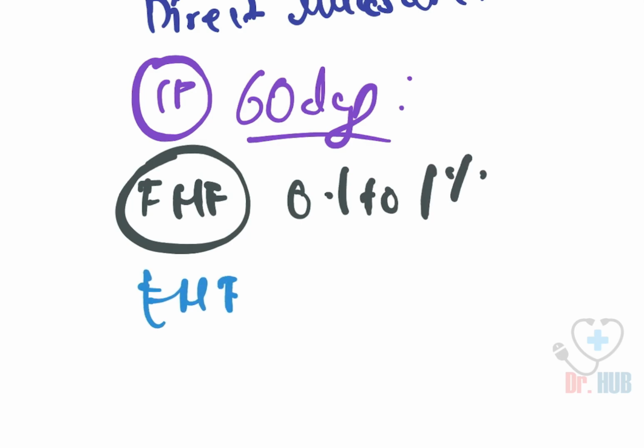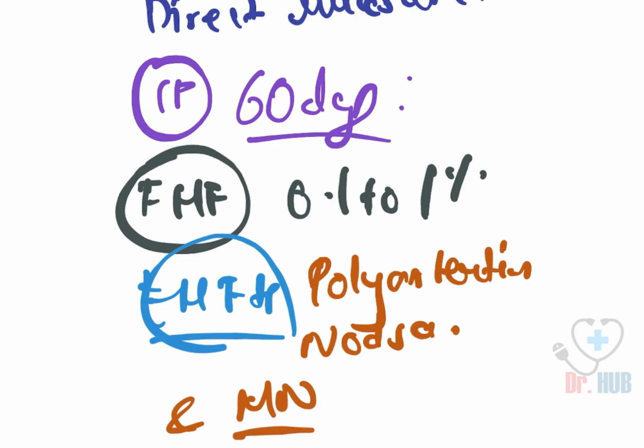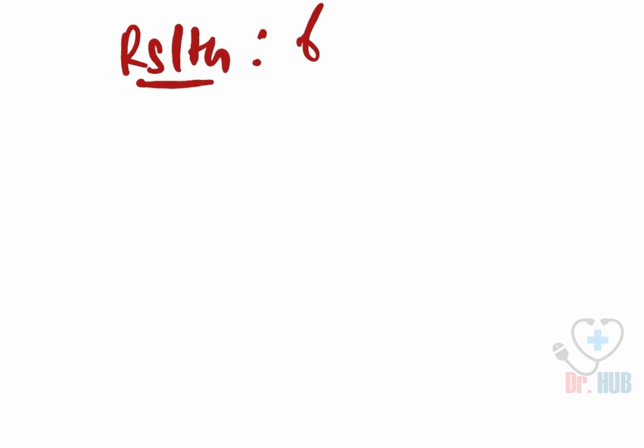And next, looking at the extrahepatic features of hepatitis B, this includes polyarteritis nodosa and also membranous nephropathy. Then the question being, when does the resolution of the acute infection take place? This takes place at 6 months.